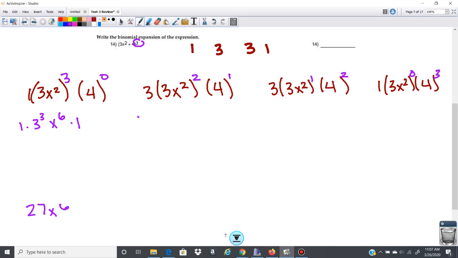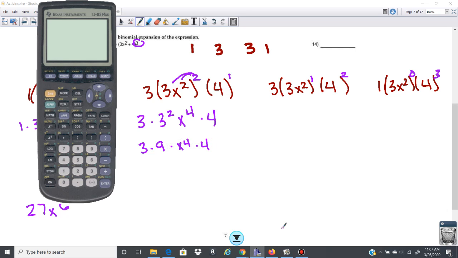Next term, you've got 3 times 3 squared, and x to the 2 times 2, 4, and 4 to the 1st. So this is 3 times 9 times x to the 4th times 4. So 3 times 9 times 4 gives us 108, and then we bring that x to the fourth down.